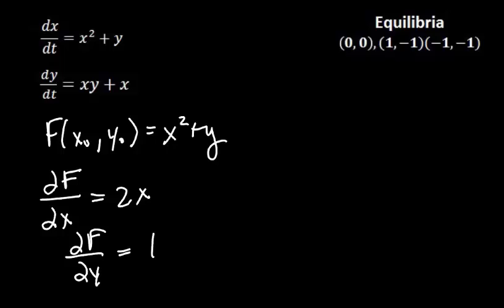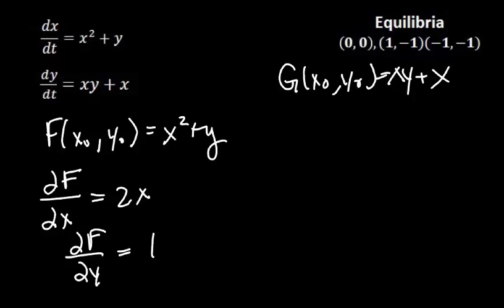Then we can find the partial derivatives of g of x sub 0, y sub 0 with respect to x and y as well. Our original g is equal to xy plus x.